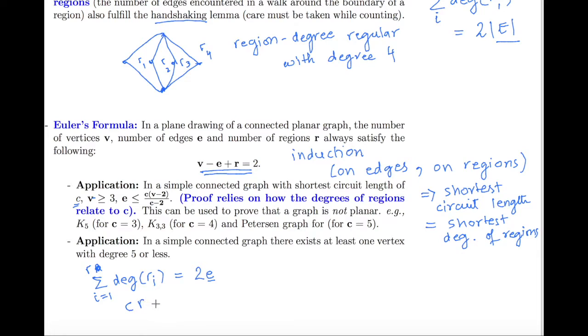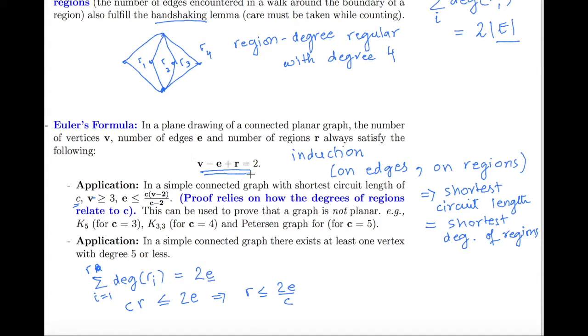So C times r is less than or equal to 2 times E, or r is less than or equal to 2E over C.